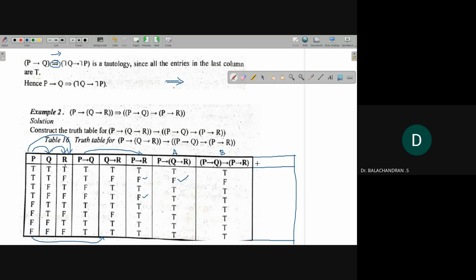So A implies B. That is the final expression. Please check it: T, T, F, F, everything is T.